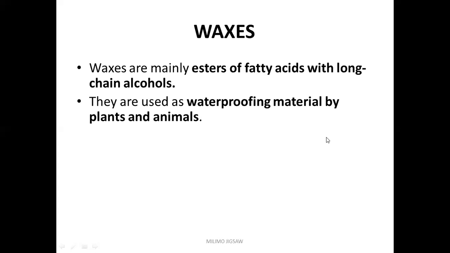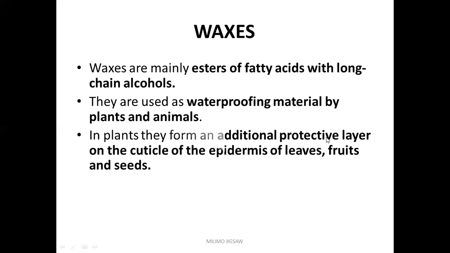Remember, we gave an example of the cuticles in the leaves of plants, which prevent excess loss of water through transpiration. They also offer an additional protective layer on the cuticle of the epidermis of leaves, fruits, and also in seeds.